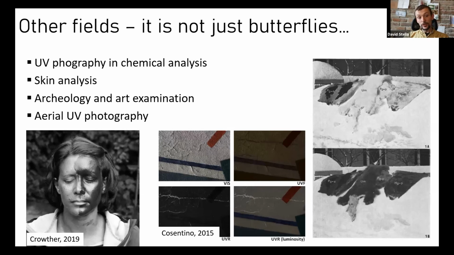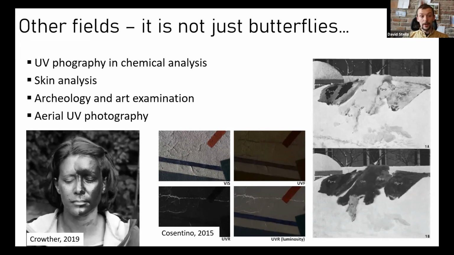Also archaeology and art examination, as you can see here, because we don't sense the UV, as I said, but materials do reflect UV differently. So that's why it makes sense to use it in art examination or even in archaeology.